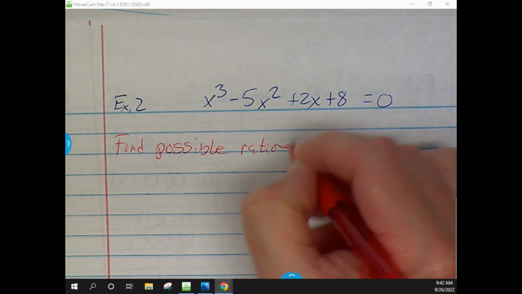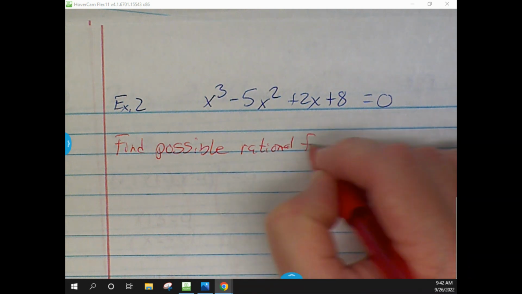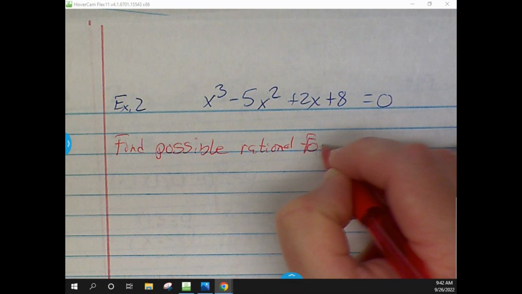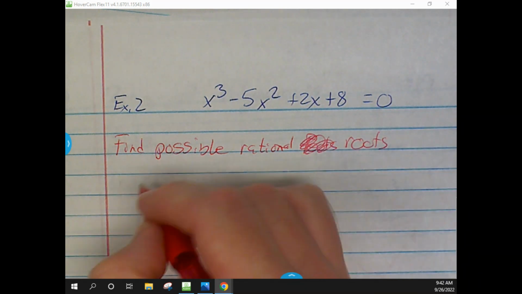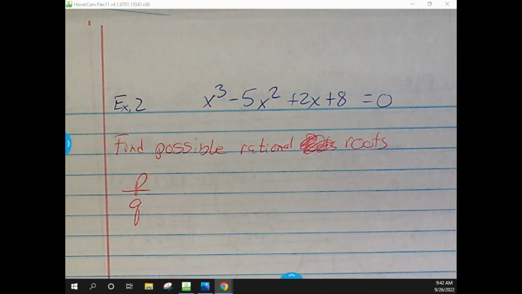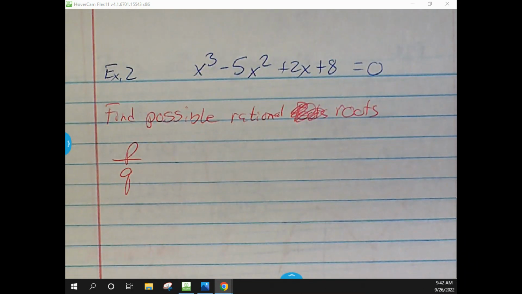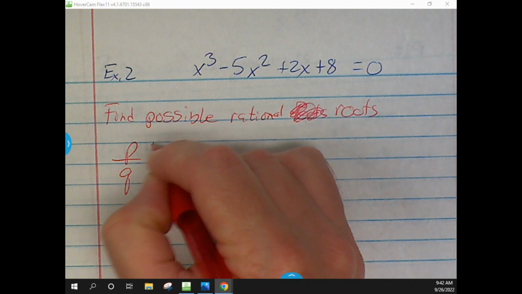We're going to find all the possible, again, rational factors or roots. So we're going to do the P over Q thing like we did the other day. All right, so in this case, our P value was positive 8.